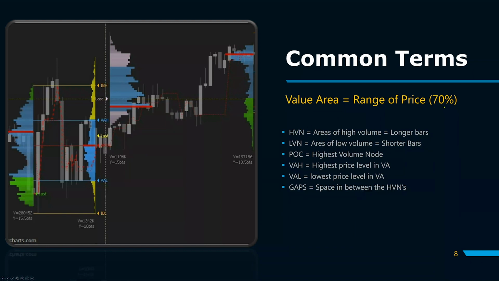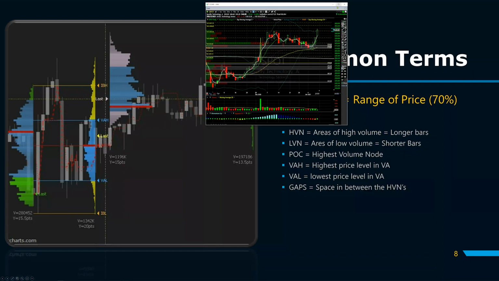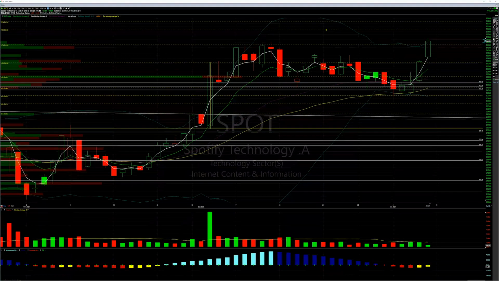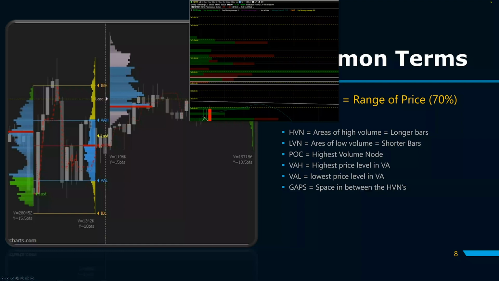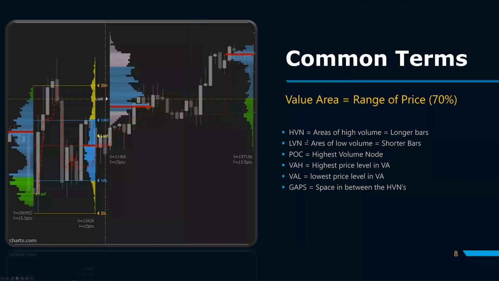You can change that to 75, 80, or 50, whatever you want it to be. But I don't even use it. I don't care about value areas. It doesn't make any difference to me. I want to know where people are.